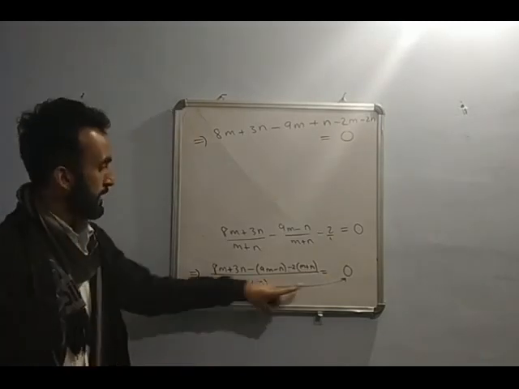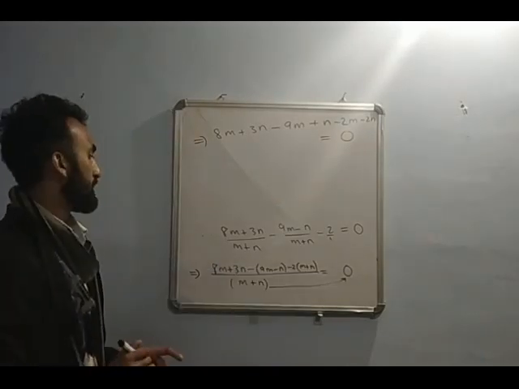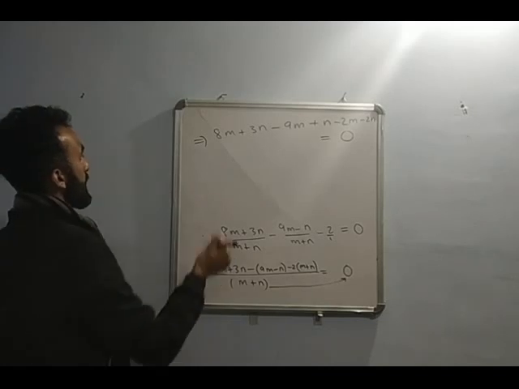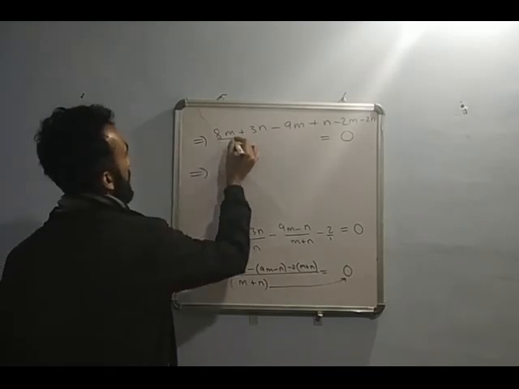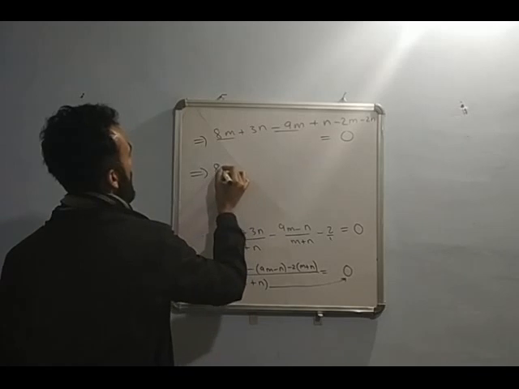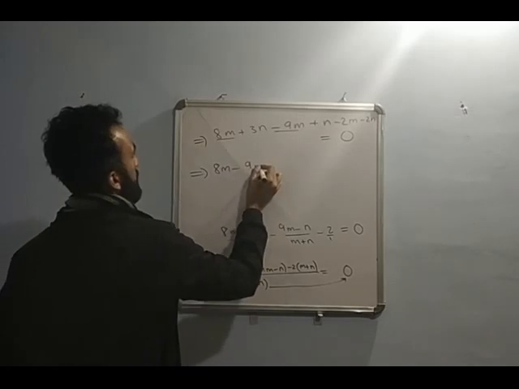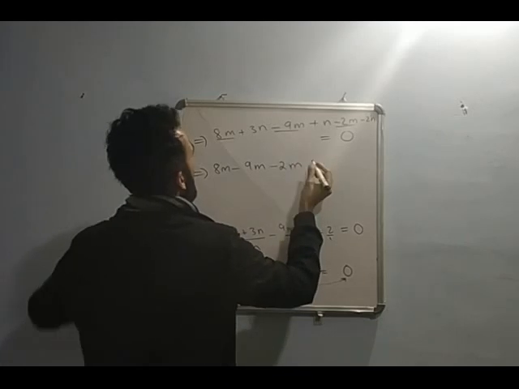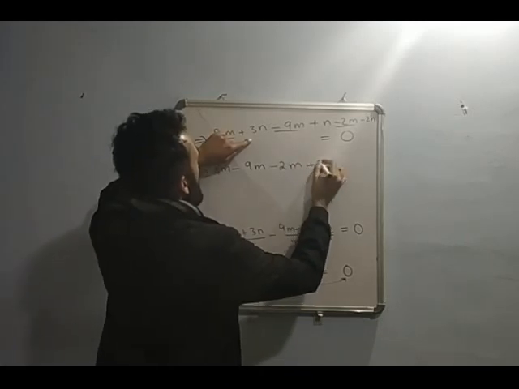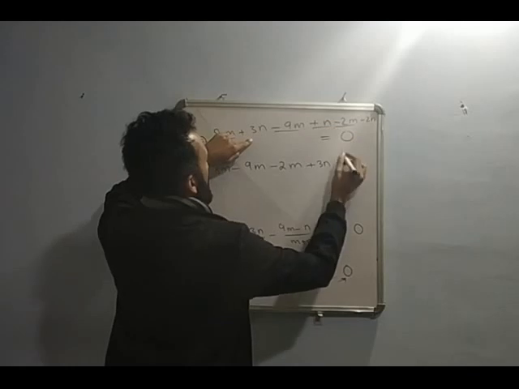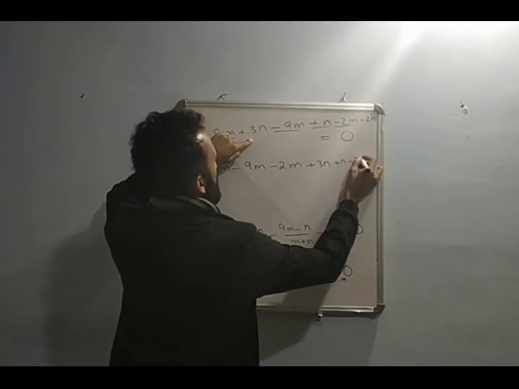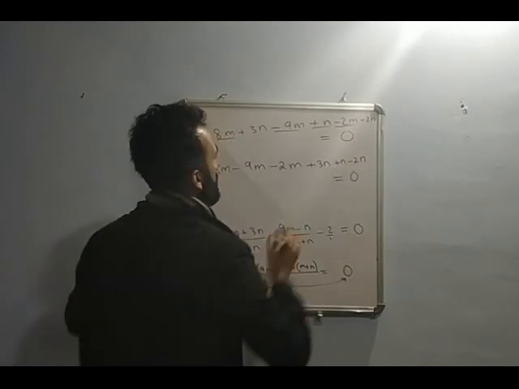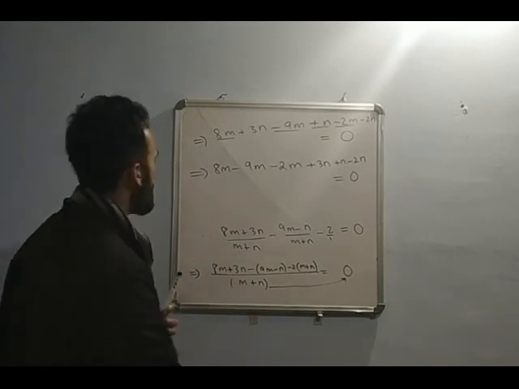This goes up and multiplies with 0. It becomes 0. Now all the m I'll combine: 8m minus 9m minus 2m, plus 3n plus n minus 2n equal to 0. All the m I put together and all the n I put together.